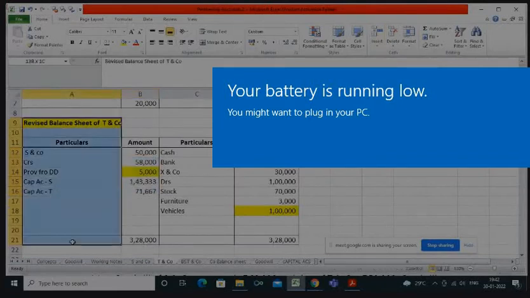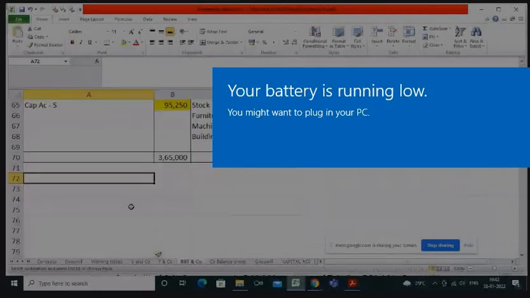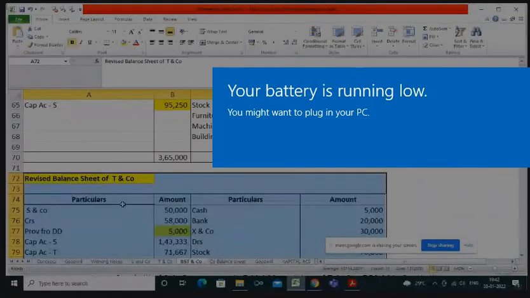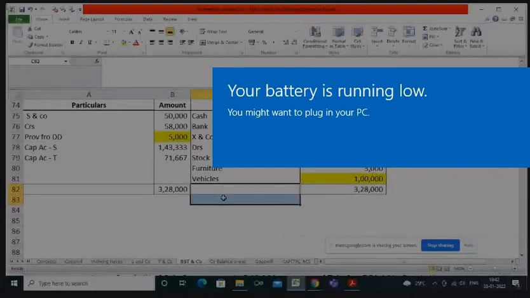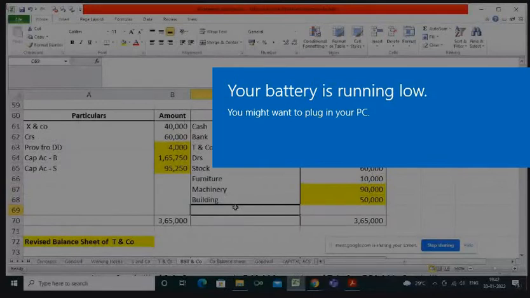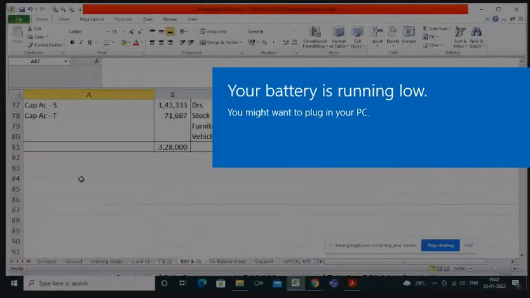Now I'm moving on to T and Co. I'm copying the revised balance sheet of T and Co. I'm removing the sum, and the rows not required. Now I will prepare the balance sheet of BST and Co.